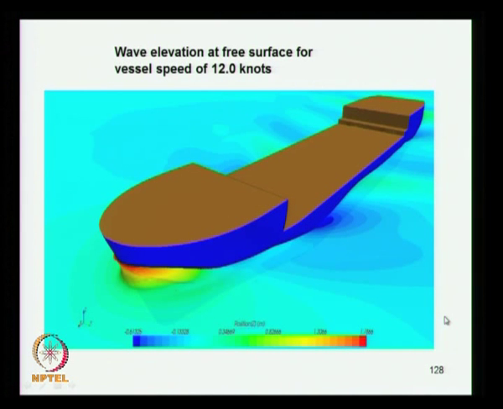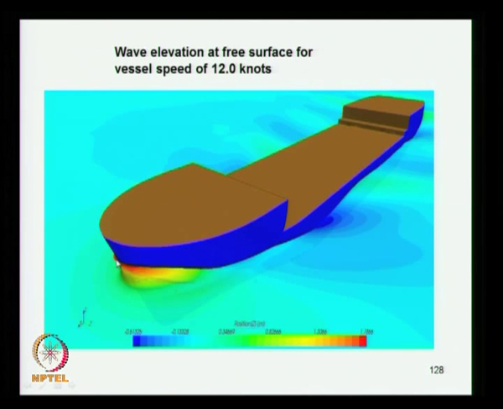And here you can see the wave elevation, the free surface, for a vessel speed of 12 knots, the survey speed in this case. You can see the wave elevation here. If you look at the scale, the wave is coming to 1.7. The draft is 3.6 meters.